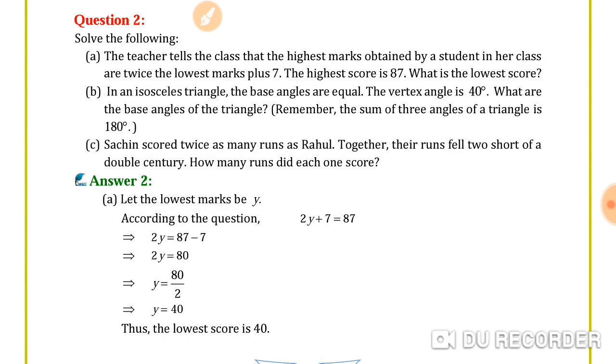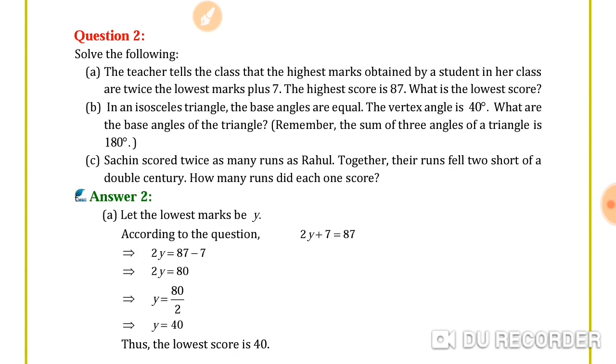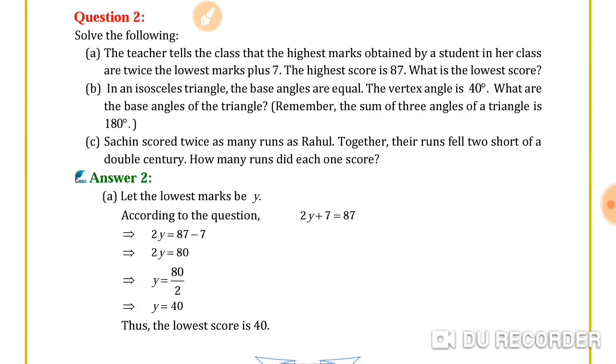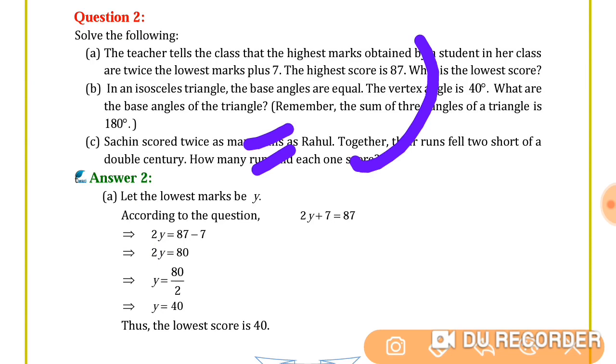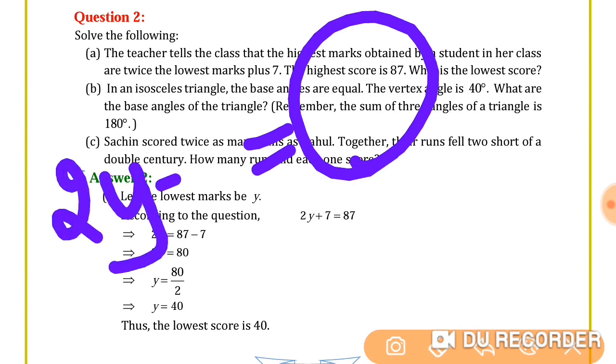So according to the question, highest marks is twice the lowest marks plus 7.